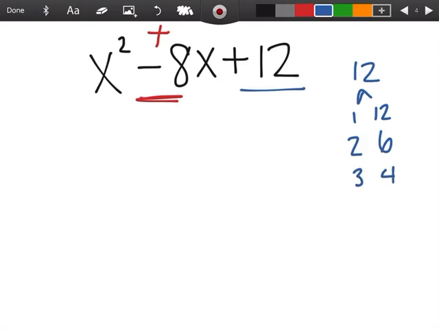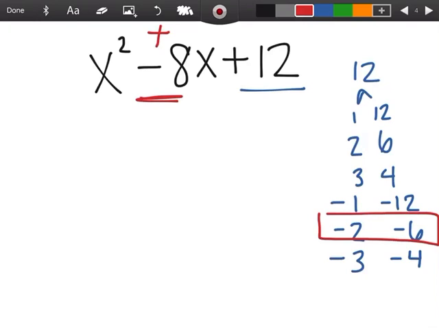We know that two positive numbers multiply to be positive. But what else multiplies to be a positive number? Two negatives. So we've got negative 1 and negative 12, negative 2 and negative 6, negative 3 and negative 4. So the only two numbers that multiply to be positive 12 that also add up to be negative 8 are negative 2 and negative 6.